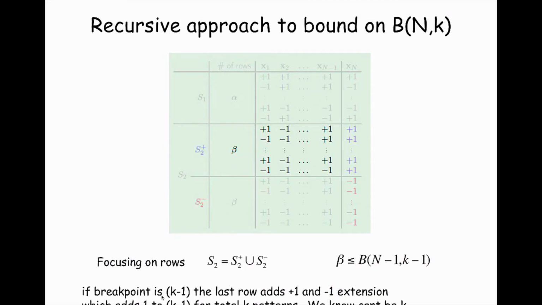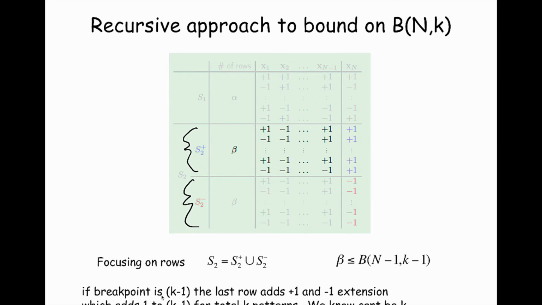Okay, so now that we've done that, let's look at one of these regions. We're going to focus on those portions of this table, the set of dichotomies, that involve just the non-unique elements. This is going to be S2, and S2 is the union of S2 plus and S2 minus.